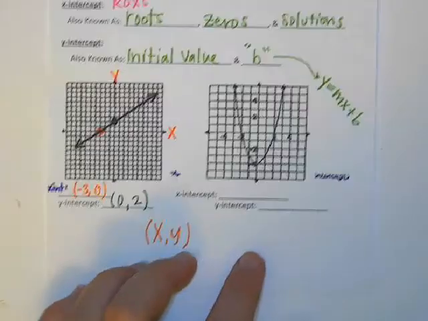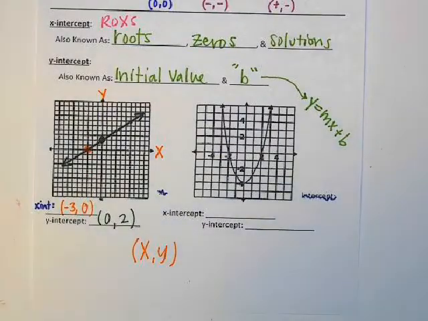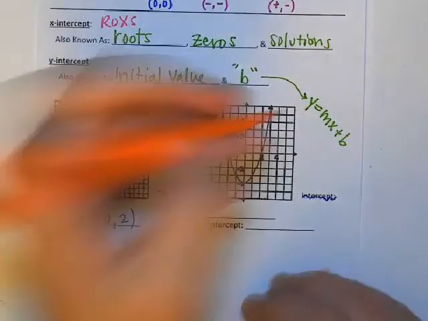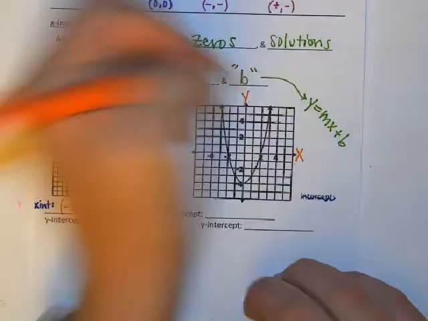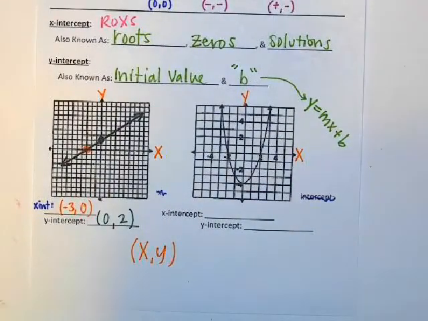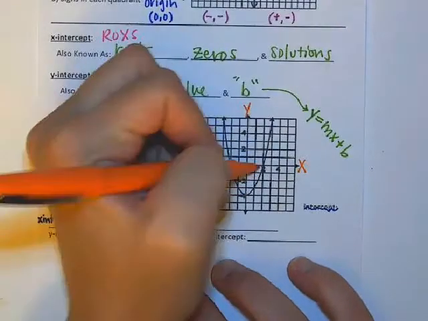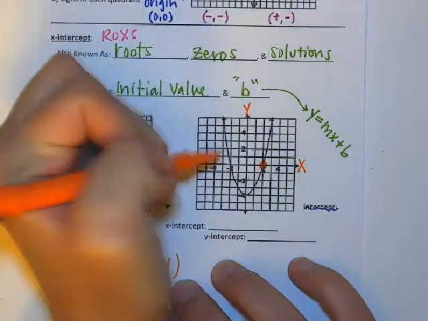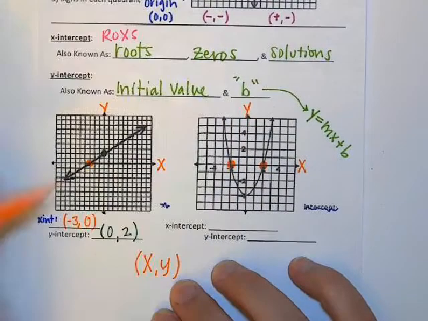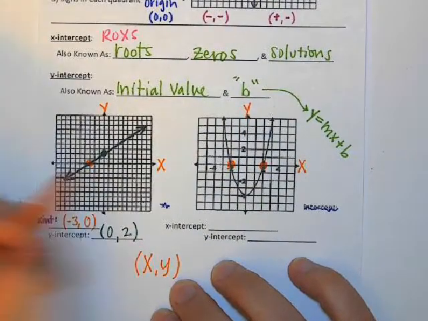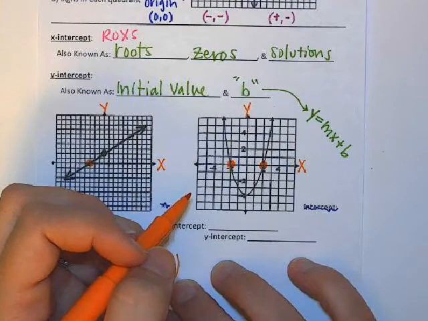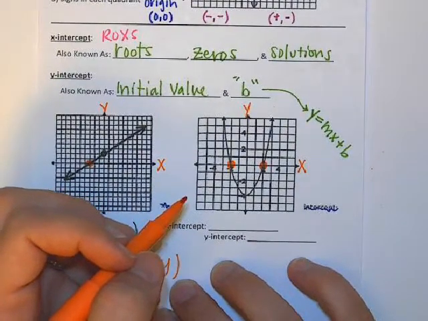All right, look at the second graph. First thing I need to do is label x and y. My x-intercept. How many x-intercepts am I going to have? 2. It crosses the graph here and here, those 2 points. I'm going to write both ordered pairs. How many dots do I have? 2.